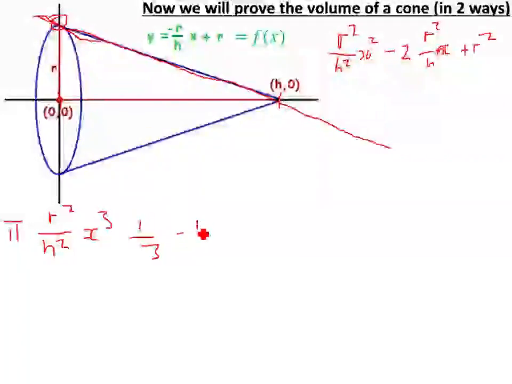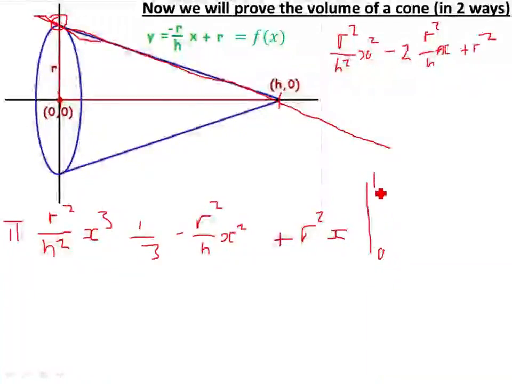So what we're left with is negative r squared divided by h x squared, and here plus, and seeing as there is no x on this, that means it must be r squared times 1, and when we say times 1 we mean x to the power of 0, so it's going to be r squared x, and then we'll integrate from 0 to h.